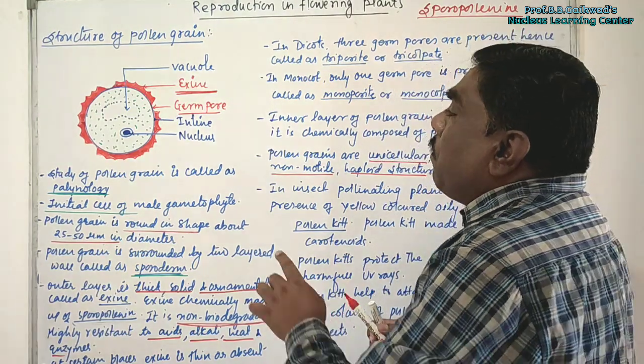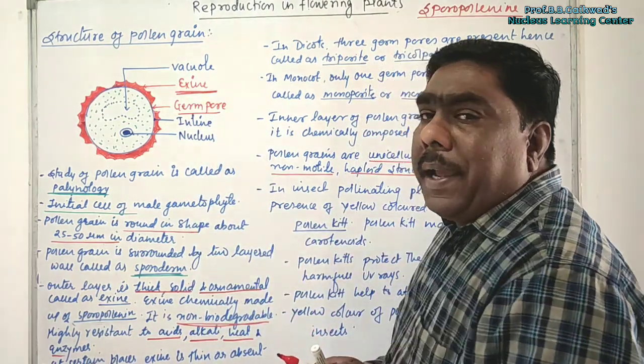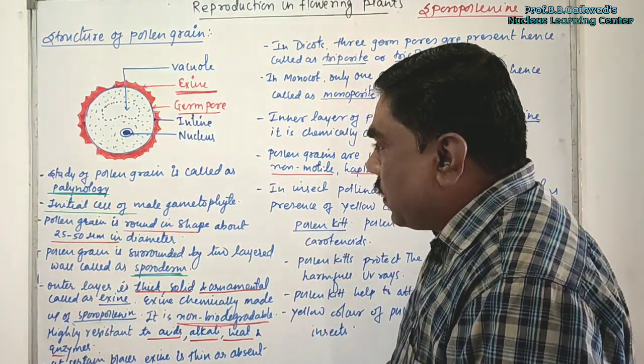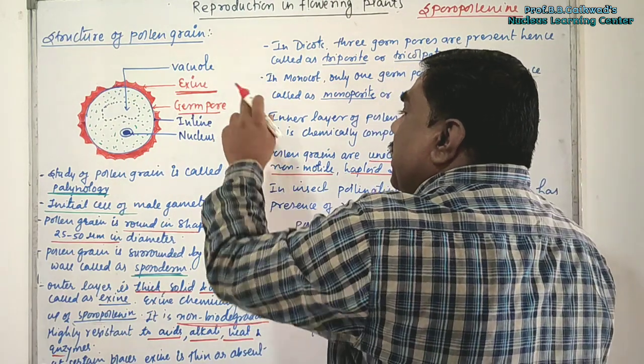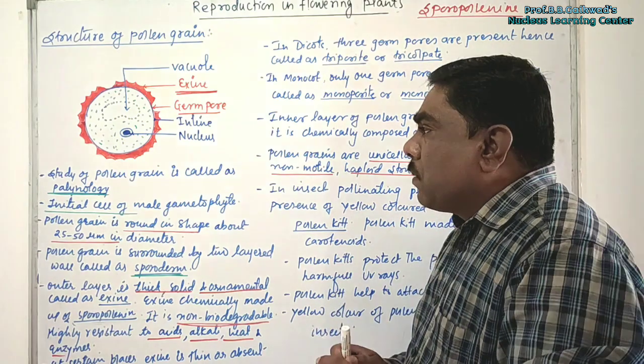So germ pore is a place from which the emergence of pollen tube takes place.